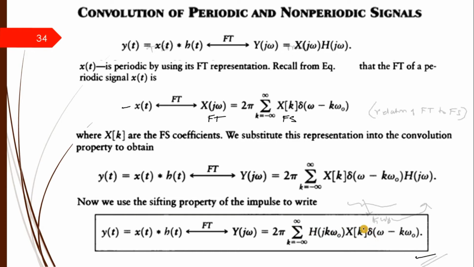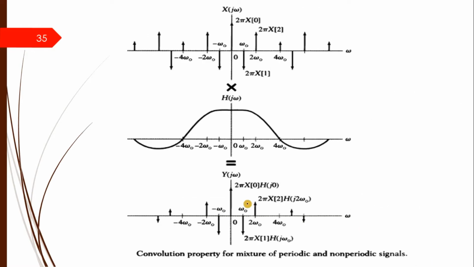We had discussed it in the previous class, and we had a graphical explanation also in the previous class. So this is X of j omega. When it is multiplied by H of j omega, the frequency response, you get the output Y of j omega. Convolution is happening in the time domain, but in the frequency domain it is just a multiplication. Here you can see that it is acting like a low pass filter.